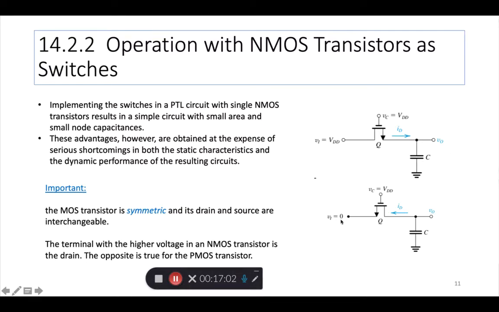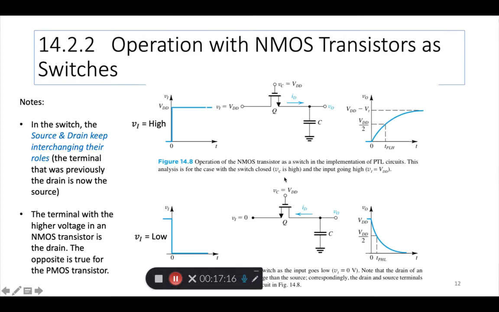But when the opposite happens, when the input is low, this terminal is now the source and this terminal is the gate. Okay? All right.